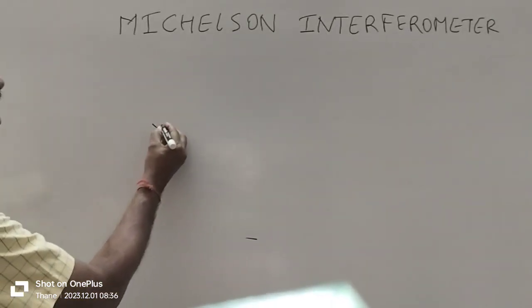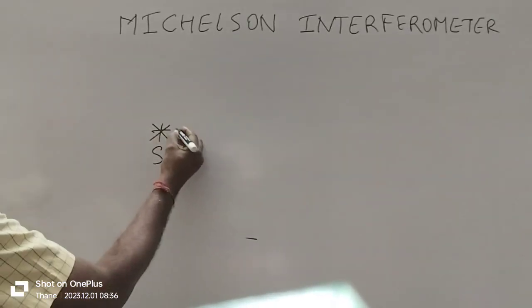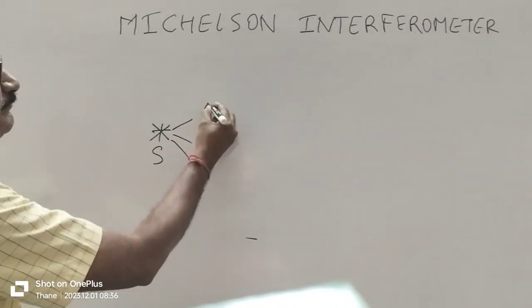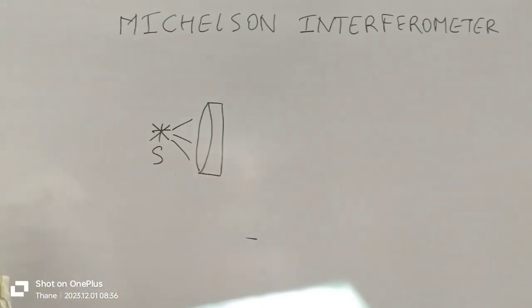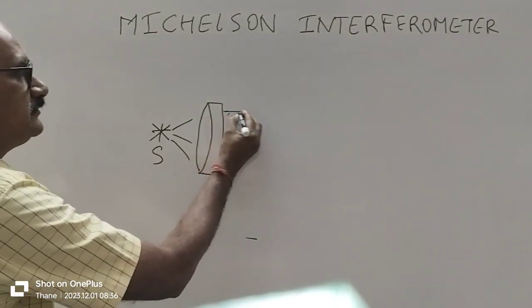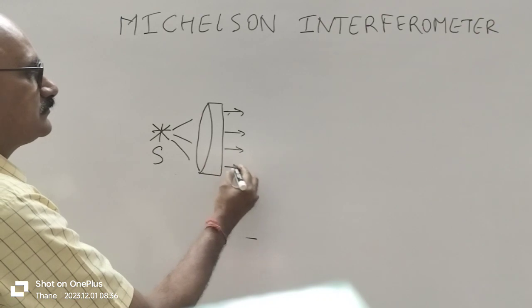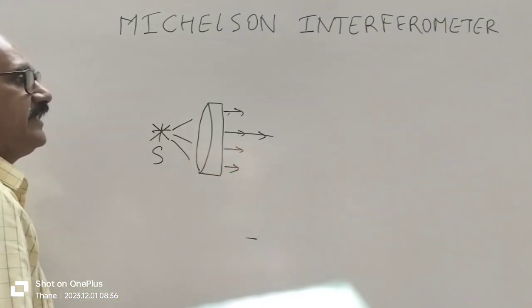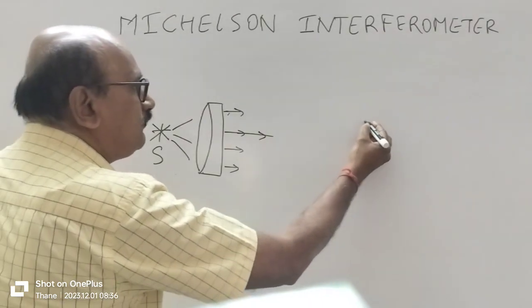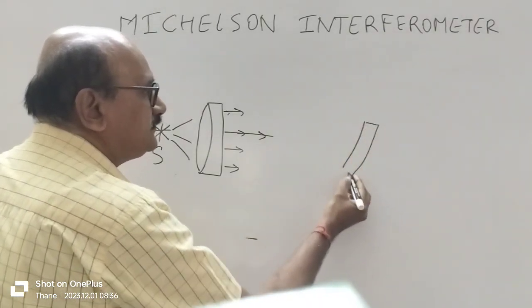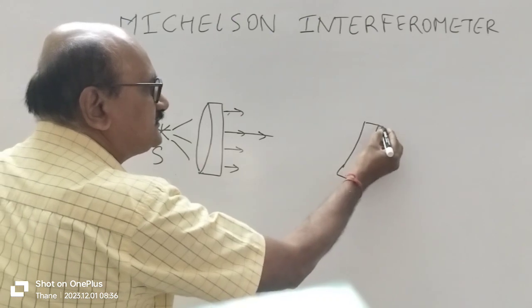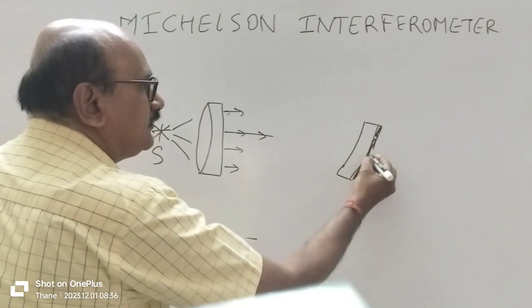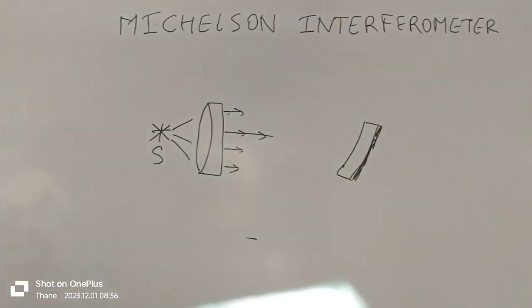Suppose this is the source of light. You have to make the light parallel by the use of a convex lens. Now you are selecting any one of the rays and allowing it to fall on a glass plate which is kept at an angle of 45 degrees with the direction of propagation of the ray.